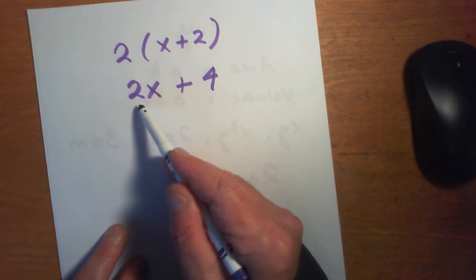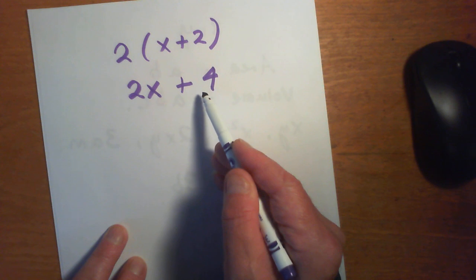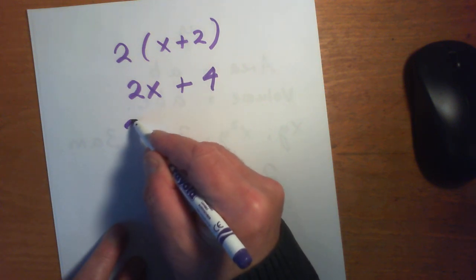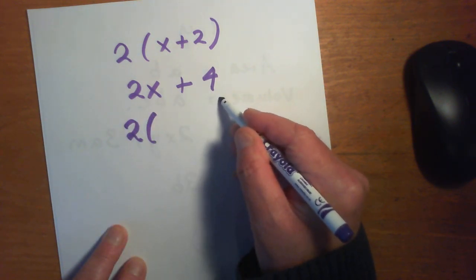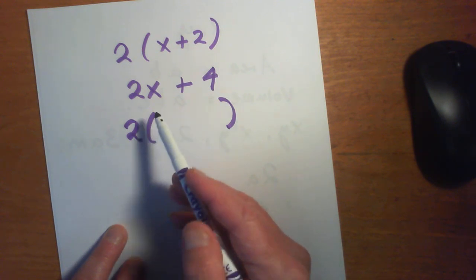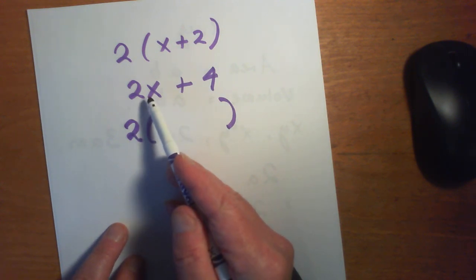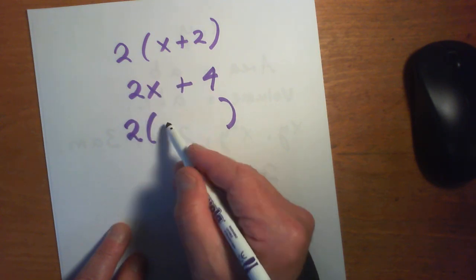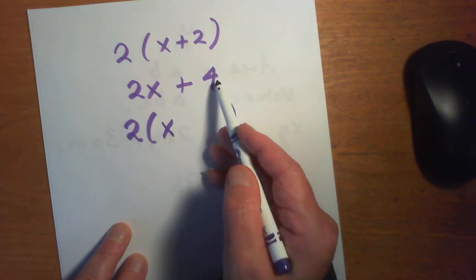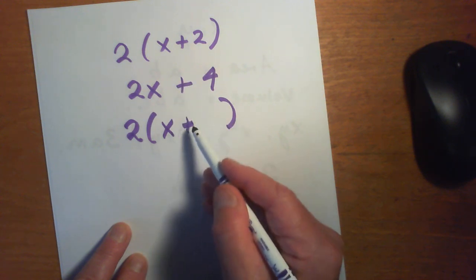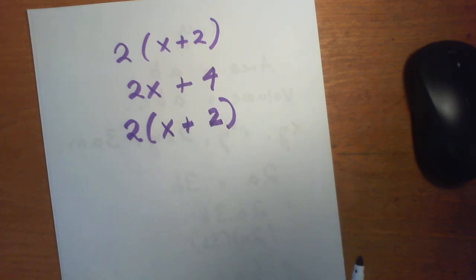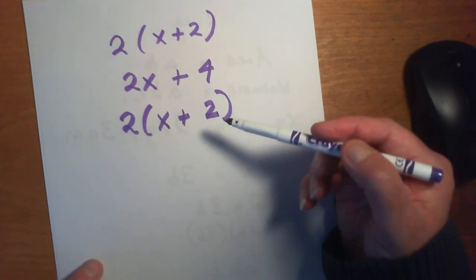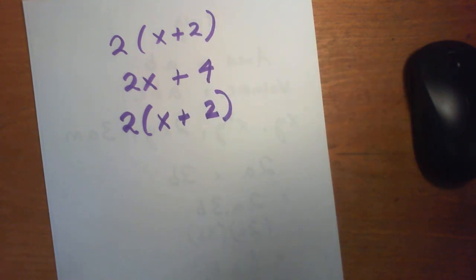We know that the common factor of that and that is 2. So I'd put the common factor out and introduce the bracket like that, and then I'd take each of the expressions and divide through by the common factor. So 2x divided by 2 is x, and 4 divided by 2 is 2. Okay, so obviously you've got back what you originally started with. But you see the technique.